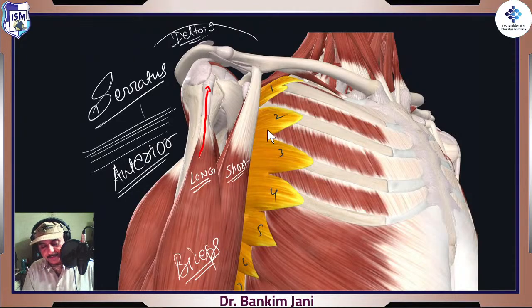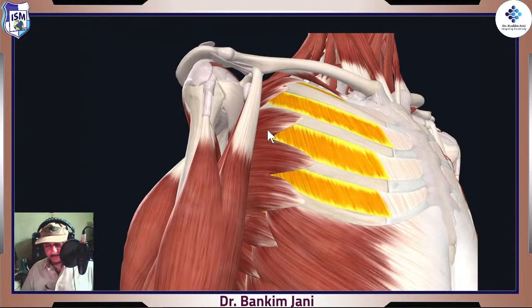On both sides there are prominences, and in between, this groove is going all the way into the joint capsule. That's why it is so interesting, and this is the reason its length is increasing. Otherwise, bulk-wise, you'll see there is not much difference. It is a long and short head of biceps, right? 2.